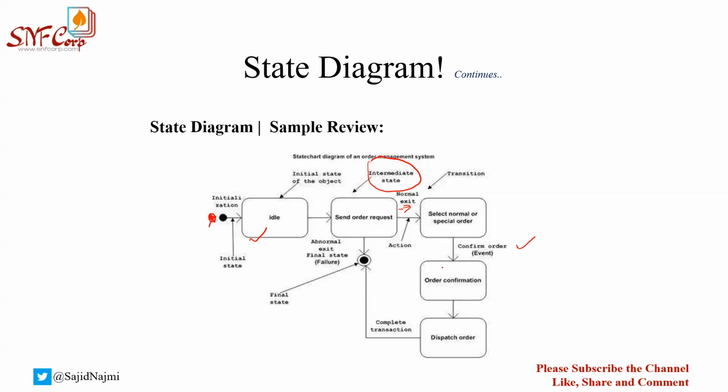It's another state. Now you will see we did not use any of the conditions. No diamond shapes are here that we used before, where we used to check conditions if the order is normal or not normal. If normal, follow this pattern. If no, go here. You remember, we did it before.